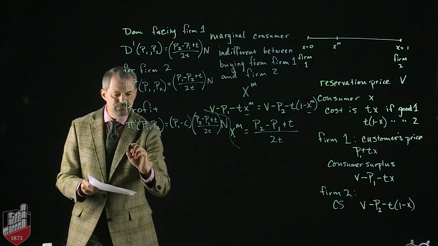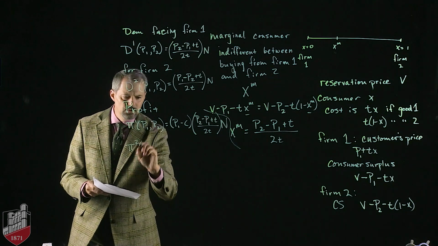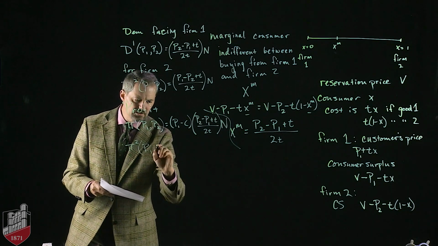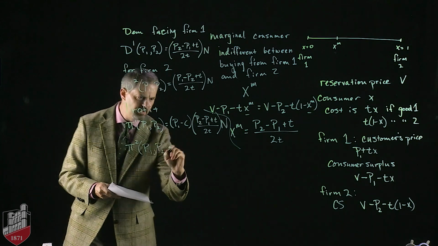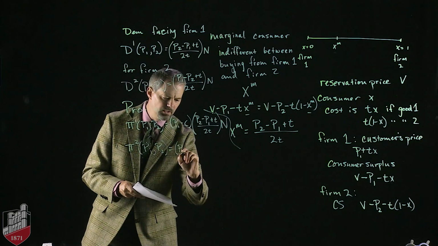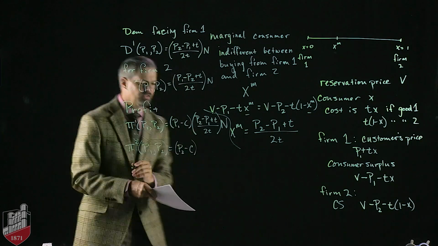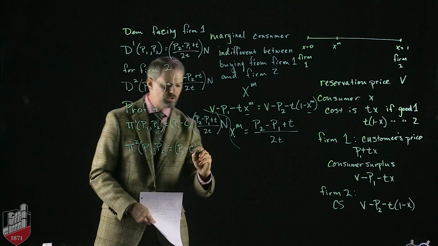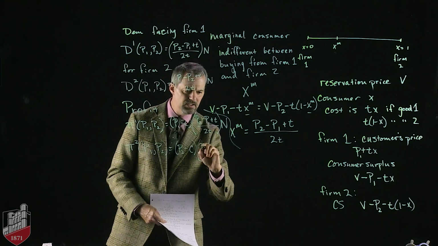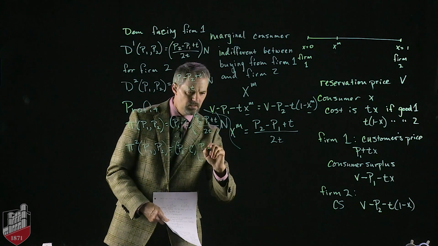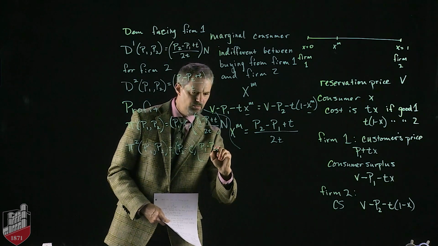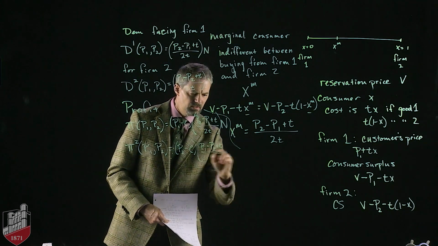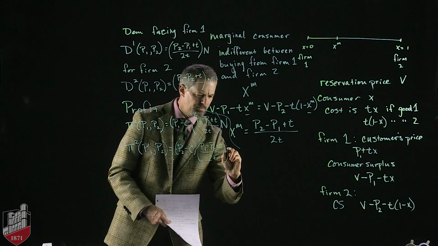And then profit for firm 2, which is a function of P1 and P2, is equal to P2 minus cost of production, the profit they make per unit, times the number of units they sell, which is going to be P1 minus P2 plus T over 2T multiplied by N.